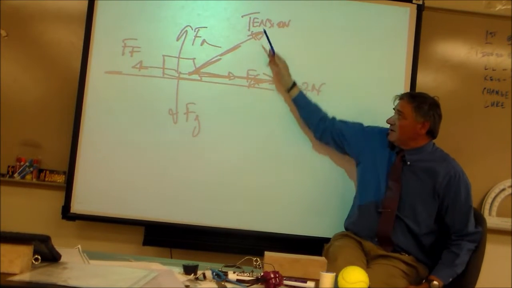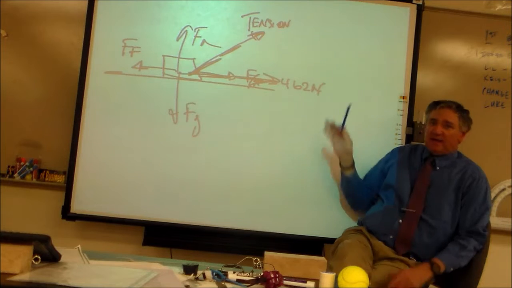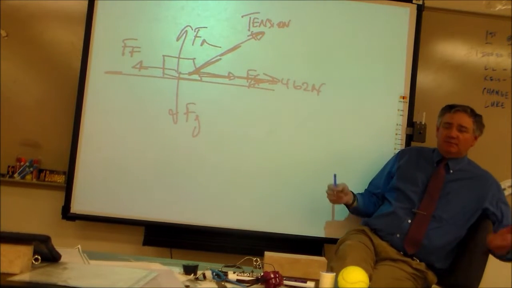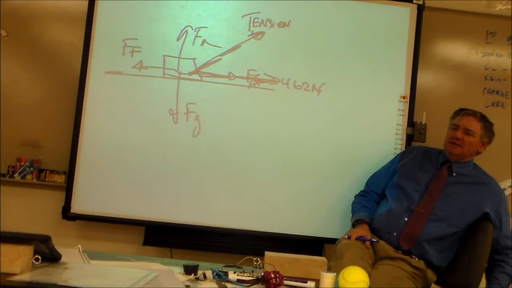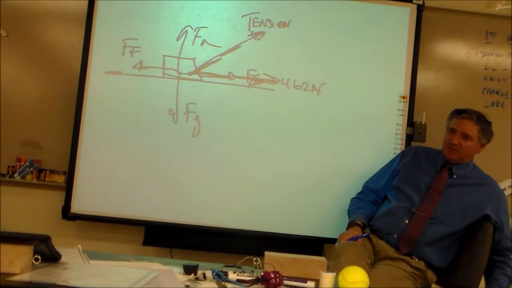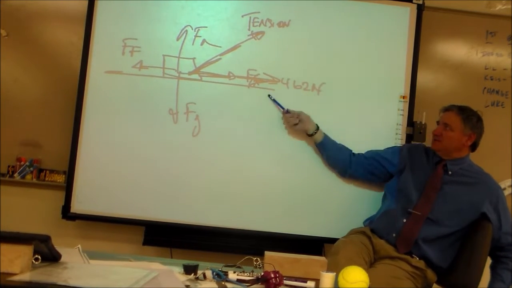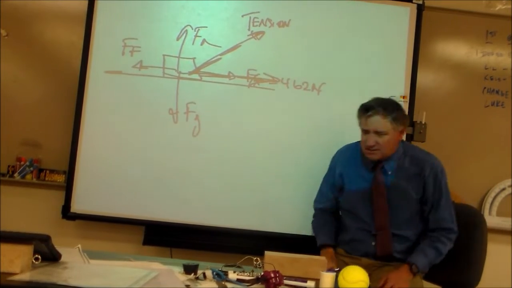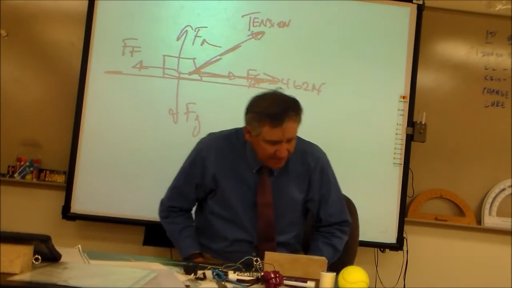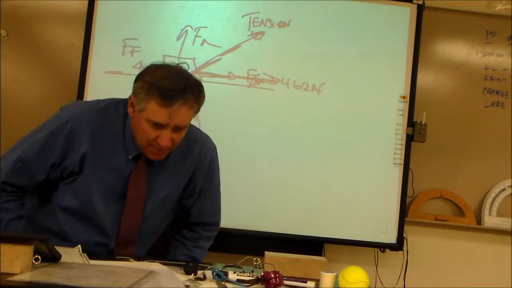Just draw a line up here and call that Fy. Yes? I did the vertical component on top of the normal force. That's fine, that works there too. It's just a little easier to see if you draw it there, but as long as it's there, that's all that matters.